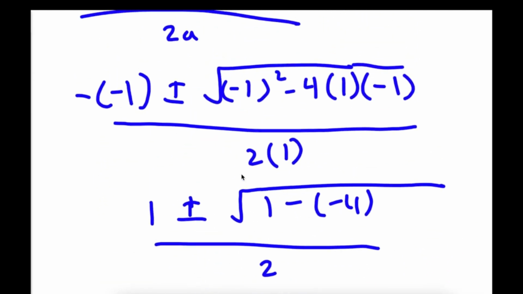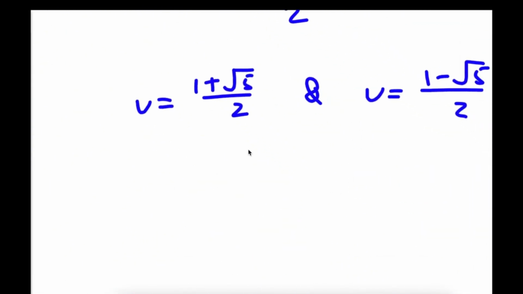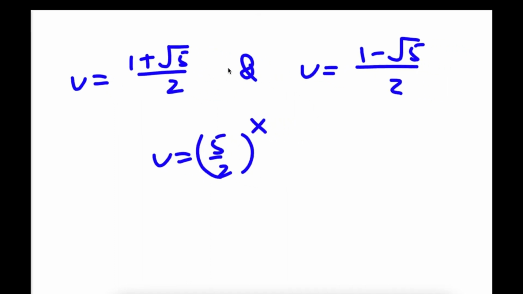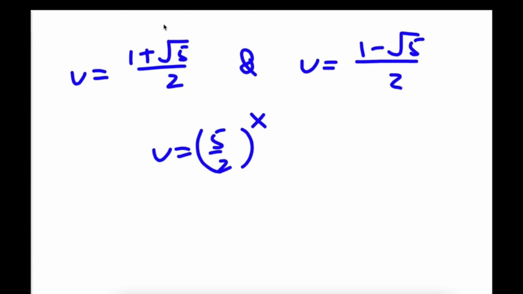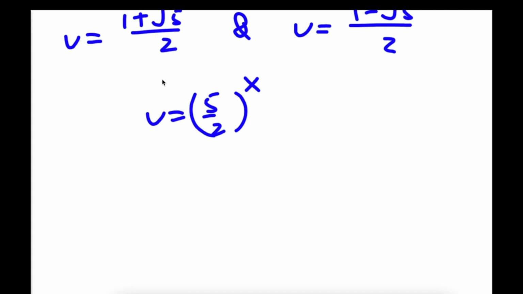So remember how we stated that u is equal to (5/2)^x. I already have two values of u, so let's first try (1 plus square root of 5) over 2 and see what we get. I'm going to substitute in (5/2)^x for u.